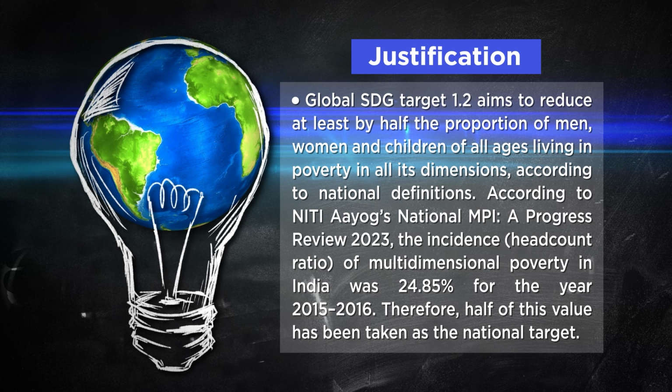So, when we look into one of the reports, Niti Aayog's National MPI: A Progress Review 2023, the incidence headcount ratio of MPI in India is 24.85% for the year 2015-16. Therefore, half of this value has been taken as the national target.